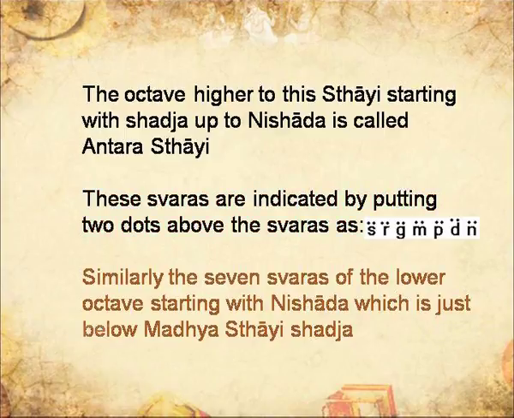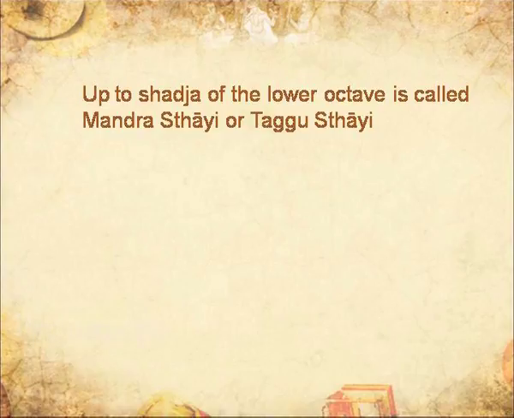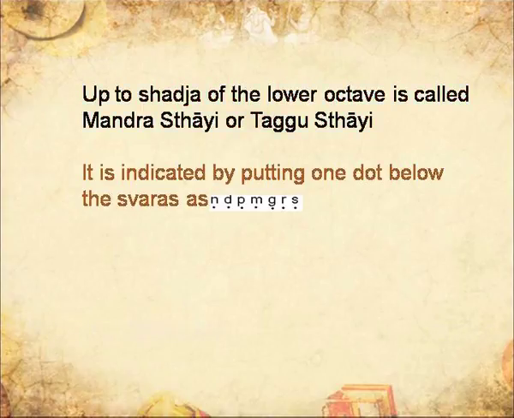Similarly, the 7 swaras of the lower octave starting with nishada, which is just below madhyasthai shadja, up to shadja of the lower octave is called mandrasthai or taggasthai, and it is indicated by putting 1 dot below the swaras, as in.